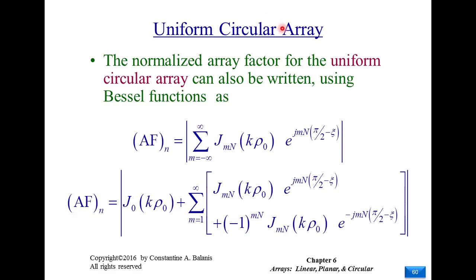A special case of circular array, again, now for circular array, any kind of arrangement, I think we now should understand the basics, and all of this is just an application. When it's a uniform array, which means that all the antenna elements are fed by the same amount, by the same phase, you will have this expression. The expression does have a Bessel function, and so on.